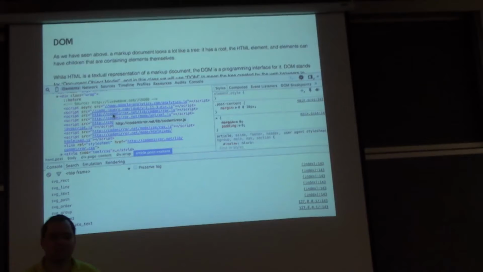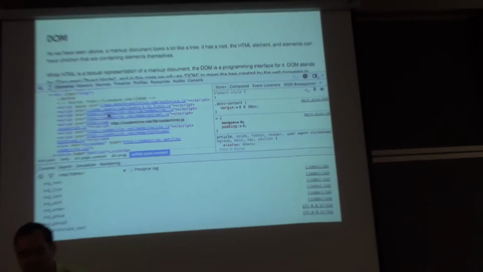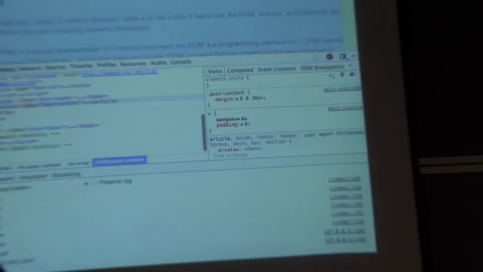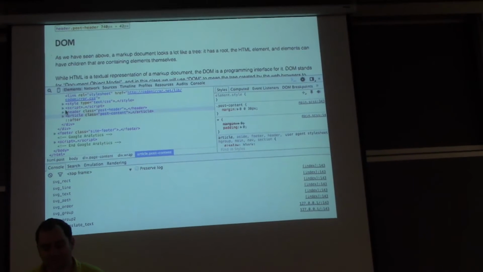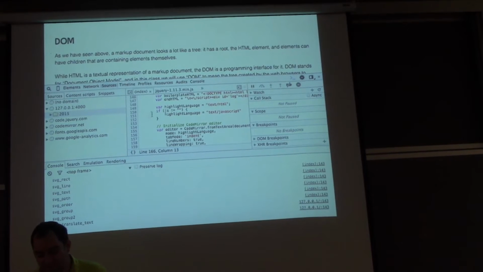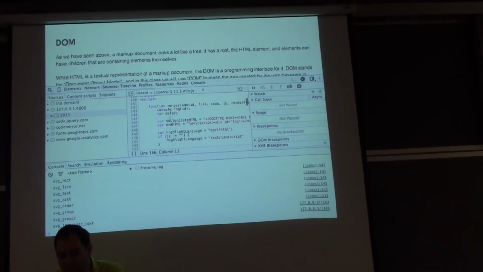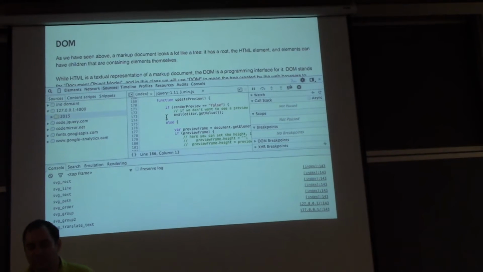You can write, and we will write, a lot of code that generates the DOM dynamically. What you see here is what is generated and actually rendered. So here you can look at the DOM as it is rendered in the browser, but here you can look at the sources. So these two things are different. And you can see here this is the website code, and there's a lot of JavaScript in the website code, which you don't see in the DOM.